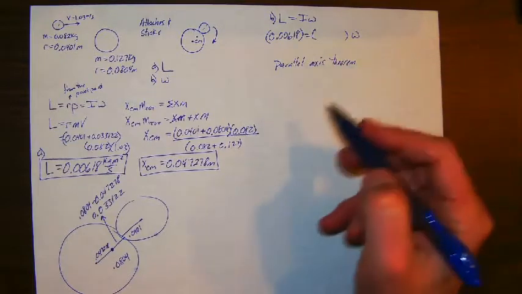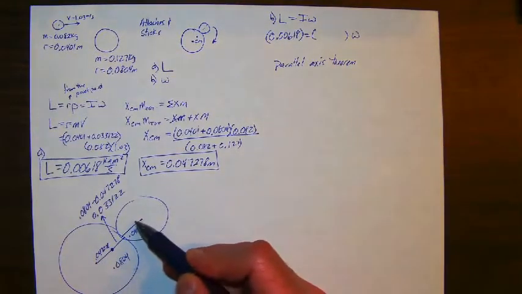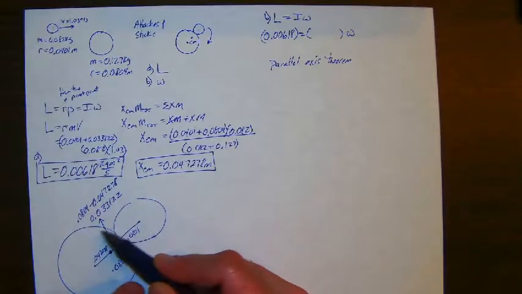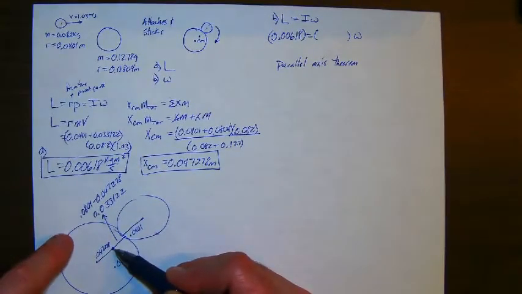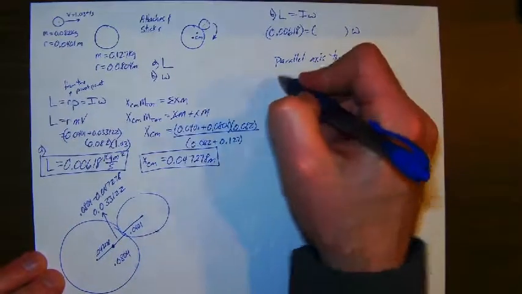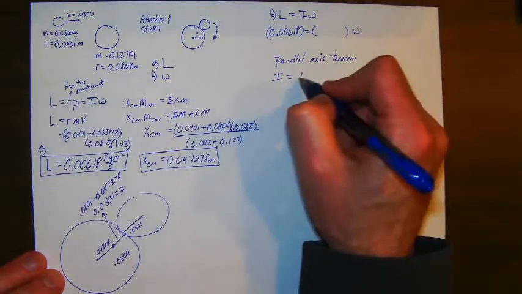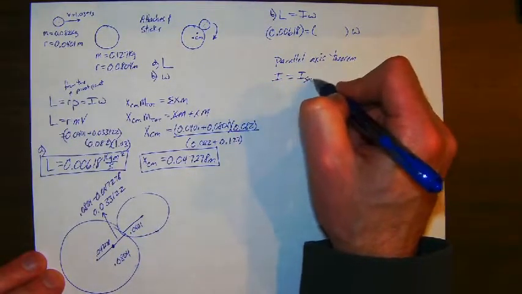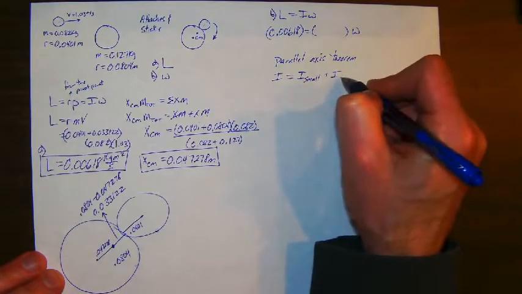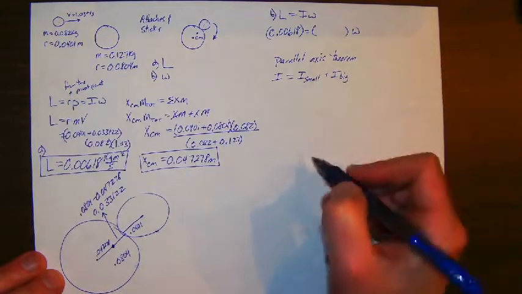And I'm going to have to do it for both of them because they're both rotating around that center of mass that is there. So I can say that my total moment of inertia is going to equal the moment of inertia of the small puck plus the moment of inertia of the big puck.